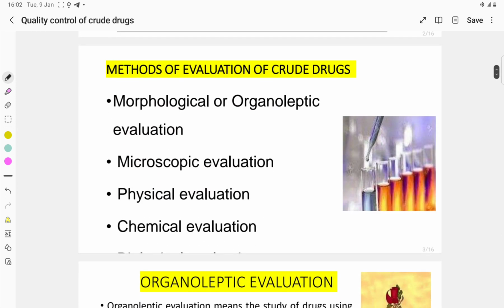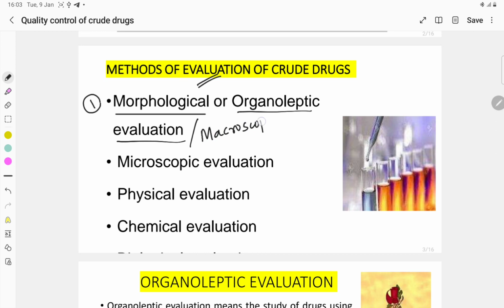In the next slide we discuss the methods by which one can evaluate crude drugs, because evaluation is the most important thing, but what are the procedures and how do you do it? There are many procedures available. The first one is morphological identification, also called organoleptic evaluation or macroscopic evaluation.